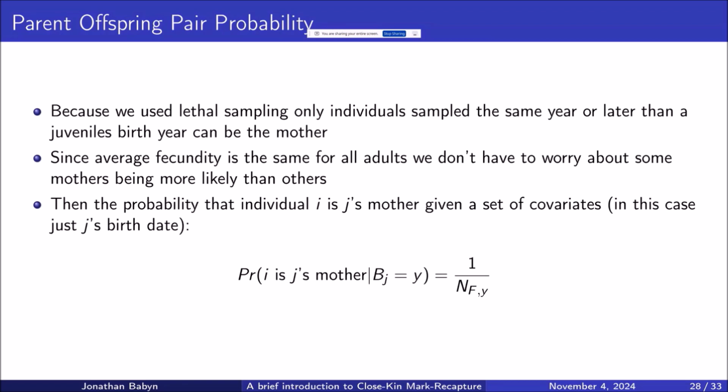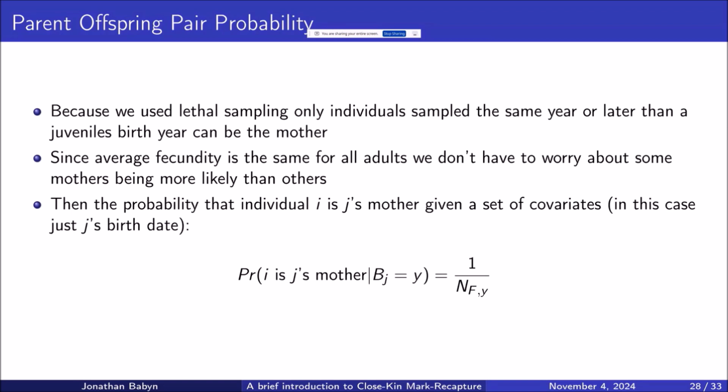They all have the same average probability of being the mother, so long as they were alive in that year. And so because of that, the probability that I is Jay's mother, given just Jay's birth date in this example, so that's our covariate, is just 1 over the number of adult females that were alive in that year, right? So hopefully that's not too hard to see for everyone.